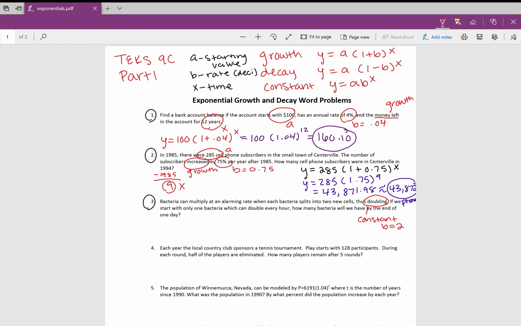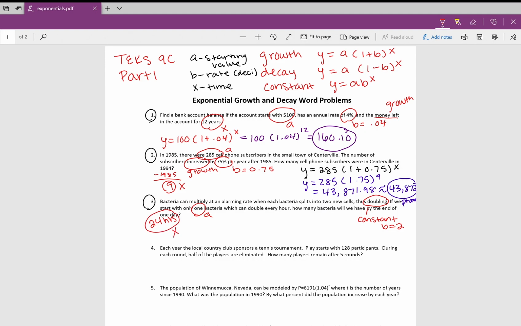Then it says if we start with only one bacteria, so that's A, which can double every hour, how much bacteria will they have at the end of one day? Since this bacteria is doubling every hour, we can't use one day as our x. We have to think of how many hours are in a day. We know there are 24 hours in a day, so this is going to be our x.